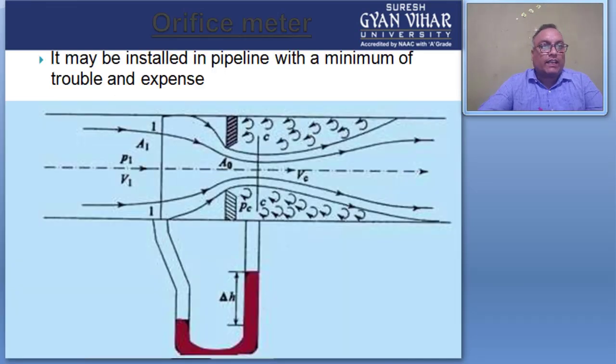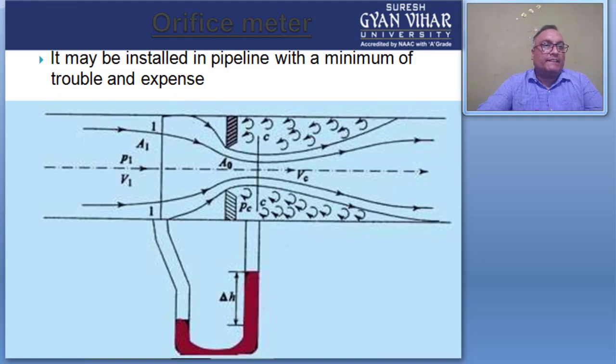The second device is the orifice meter, and it may be installed in a pipe with a minimum of trouble and expense. It takes very little area, but it increases the losses in the pipe also. So this is one merit and one demerit associated with it.